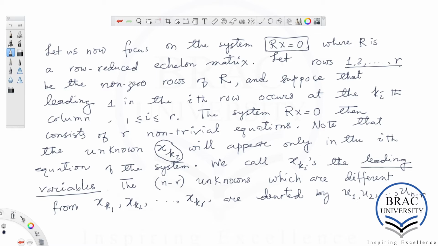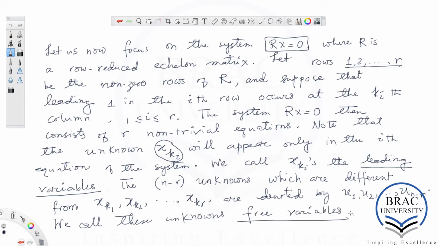Okay, it's immediate from this indexing that there are only n minus r such variables. We call these unknowns free variables. All right, so there are two types of variables in the underlying system. One type is called the leading variables, and the other type is called free variables. Okay, good.